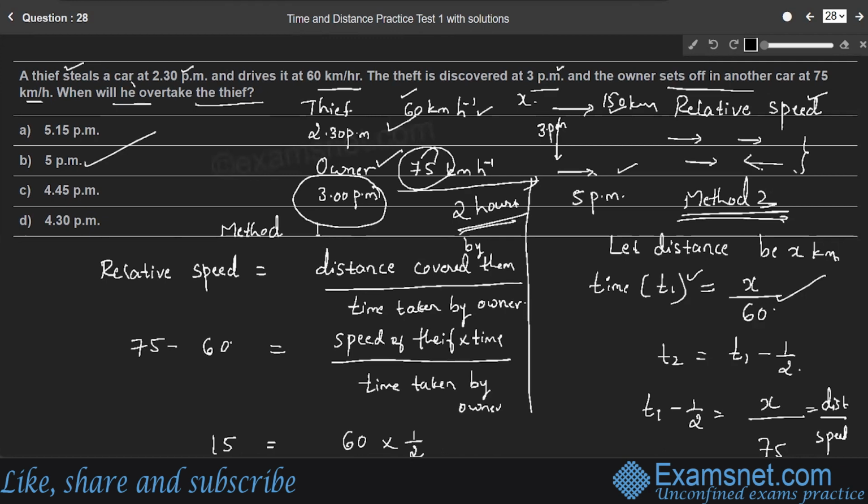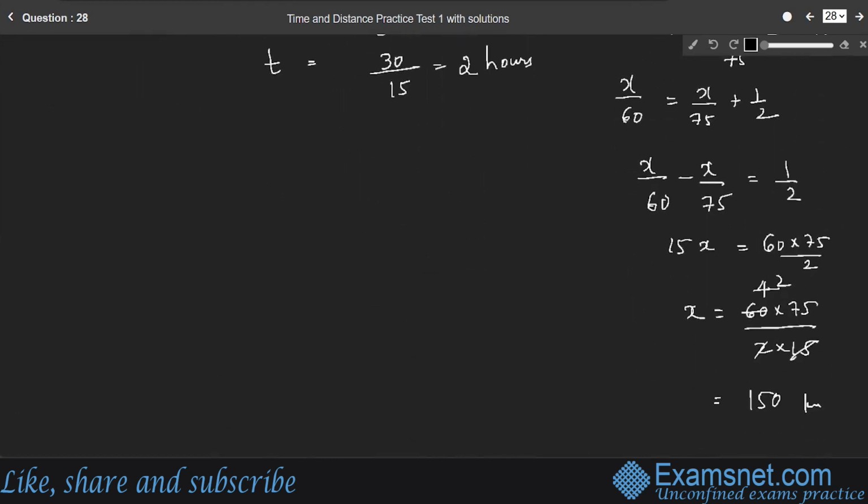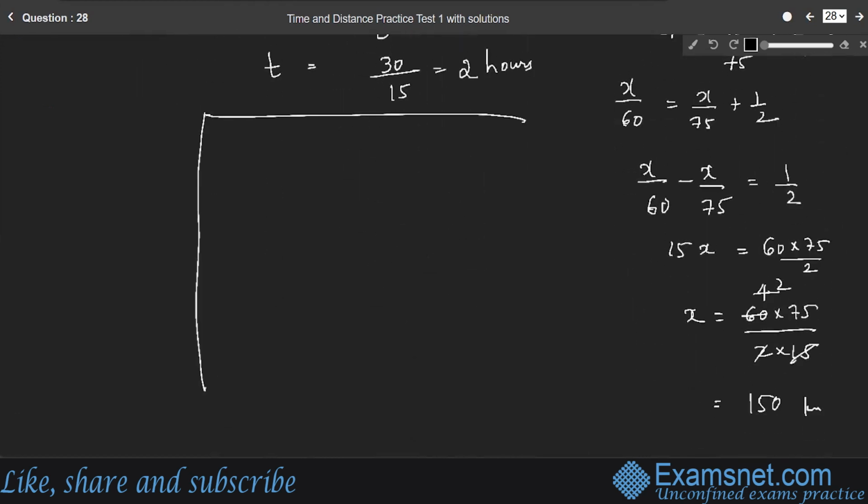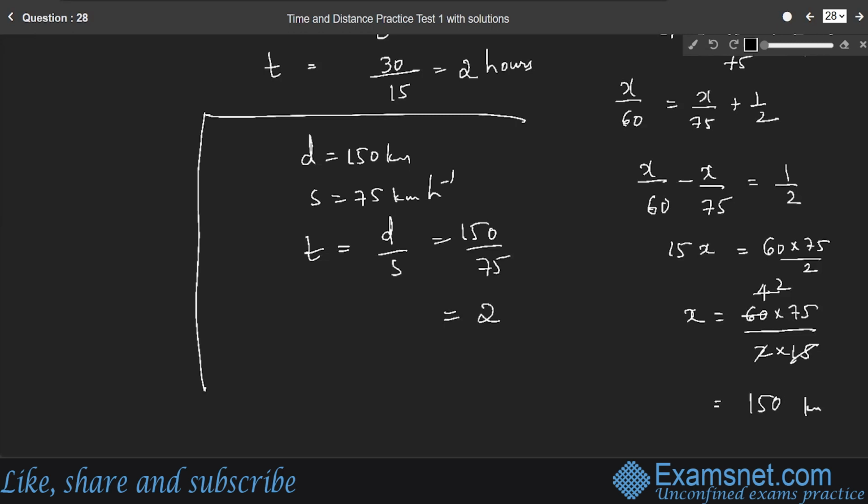To cover that distance with 75 kilometers per hour speed, we are considering the case of the owner. Here the distance is 150 kilometers, and he is moving with the speed of 75 kilometers per hour. Therefore, the time taken by him will be distance by speed, so 150 by 75, which is equal to 2 hours.